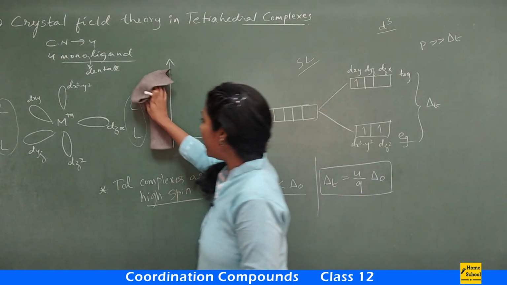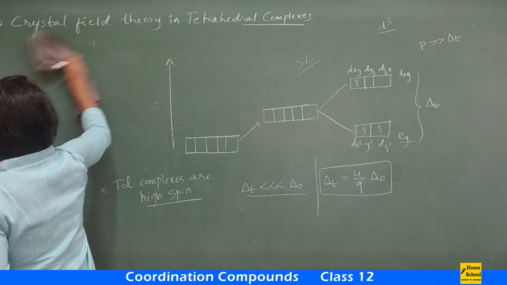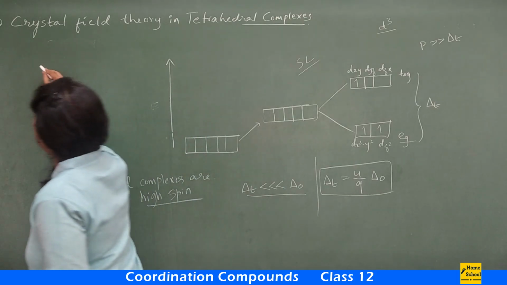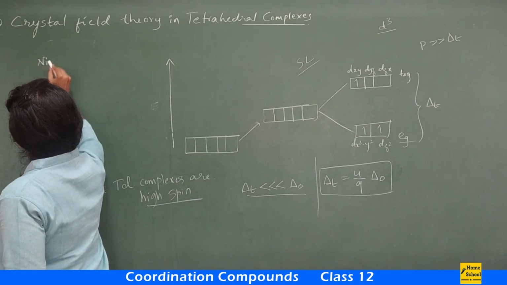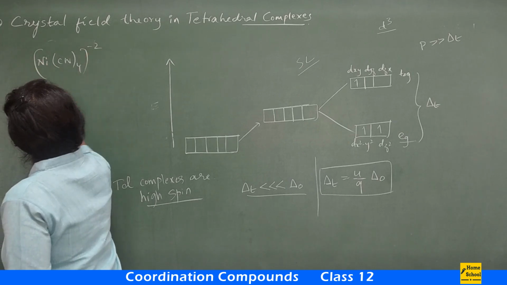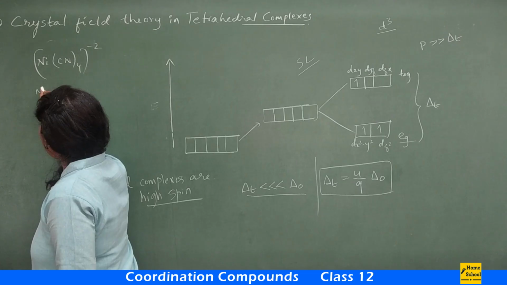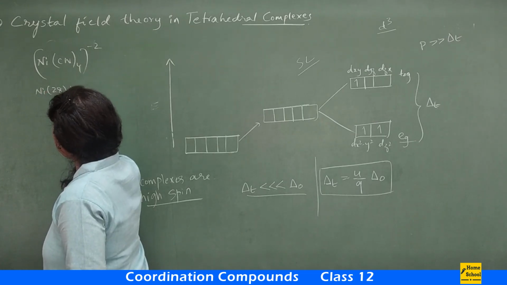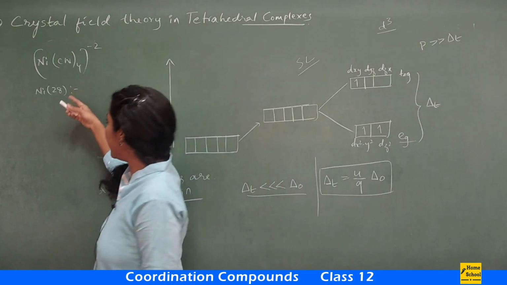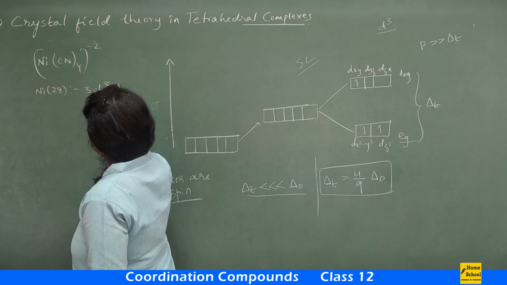The way of writing the electronic configuration is similar to the octahedral complexes. Suppose somebody asks you to write the electronic configuration of [Ni(CN)4] 2 minus. Let me write it here. Nickel's atomic number is 28. Its ground state outermost electronic configuration is 3d8 4s2.